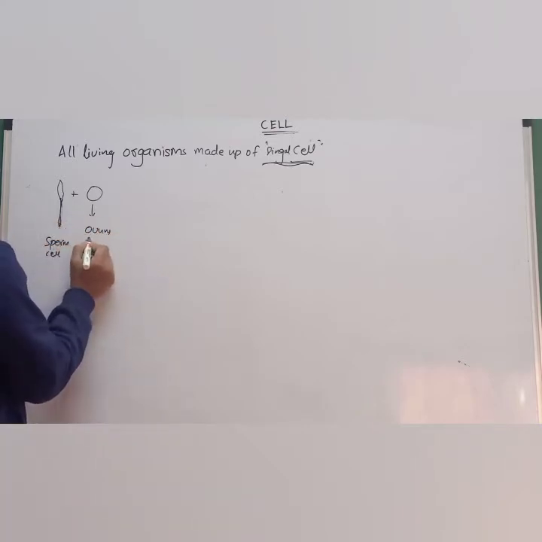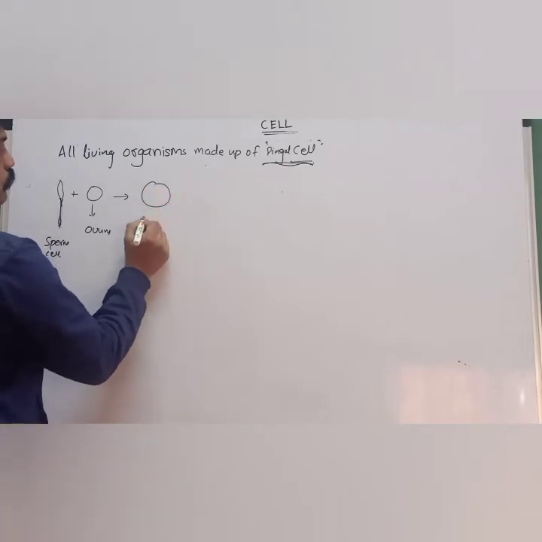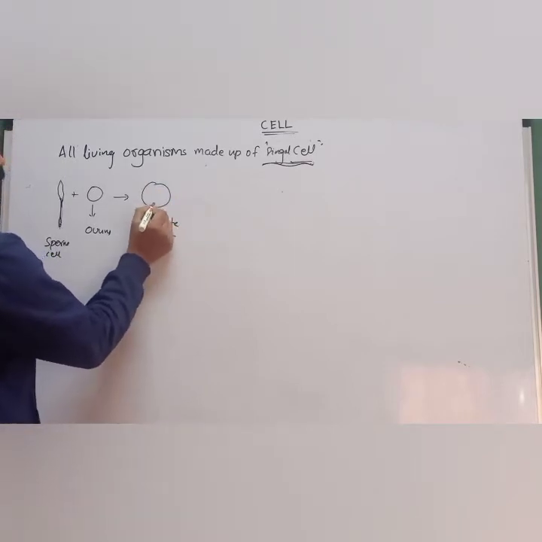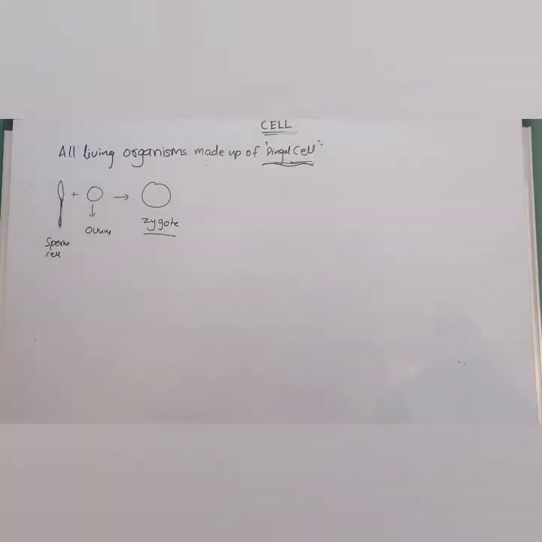Sperm and ovum. What are they? Male gamete and female gamete, and they combine and form zygote. What is it? Zygote. That means our life starts, not only human beings, all living organisms, life starts with what? Zygote.